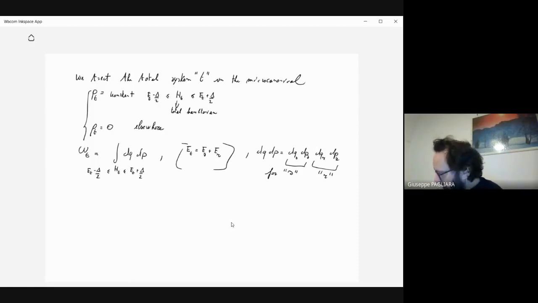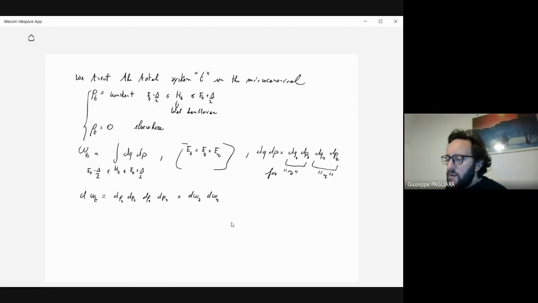Okay. Therefore, d omega t is equal to the product dqs dps and dqr dpr. So the infinitesimal volume occupied by the microcanonical ensemble of the total system is just a product of these two infinitesimal volumes. We can also indicate this as d omega s times d omega r.